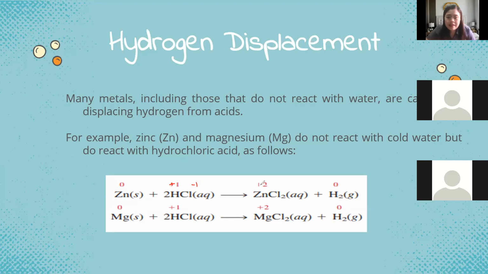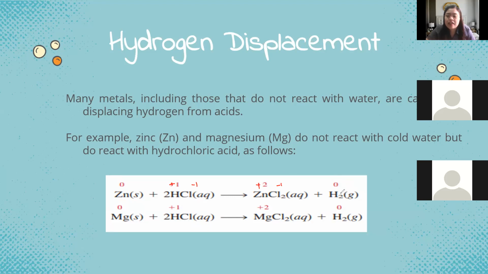Now, for the products, remember that zinc, if it becomes an ion, or if it is combined with other element, then it will assume an oxidation state of positive 2. While the chlorine remains as negative 1, so kaya hindi na talaga sinulat yung charge ni chlorine kasi hindi siya kasali doon sa redox reaction.